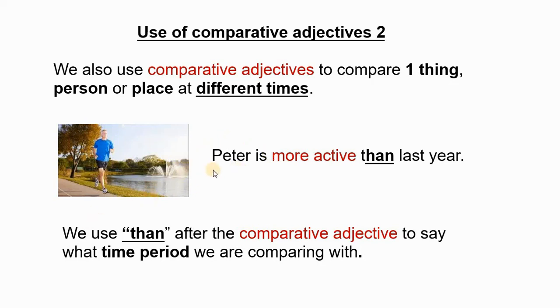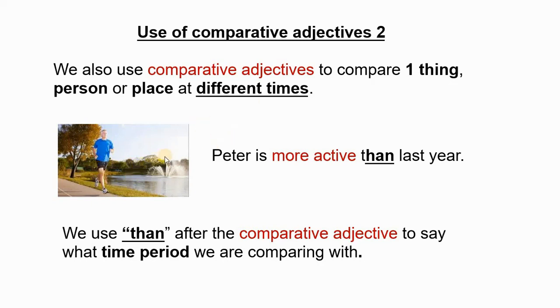Example here, Peter is more active than last year. So, this is only one person. We are comparing one person at two different times. So, we are comparing Peter now compared to last year.